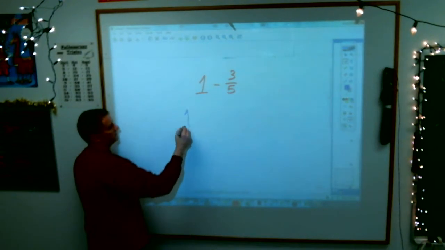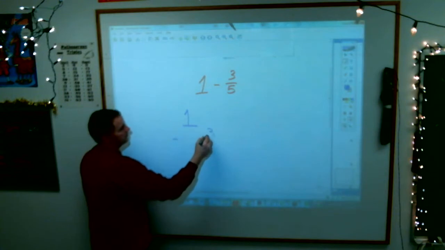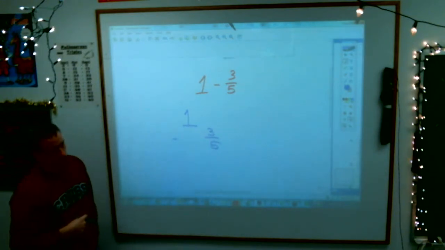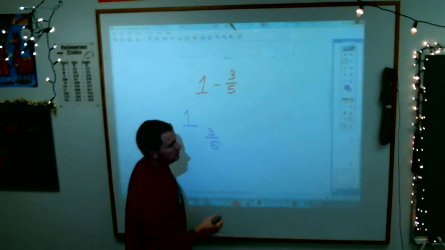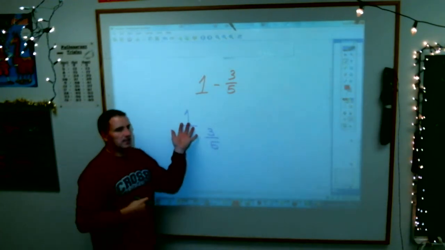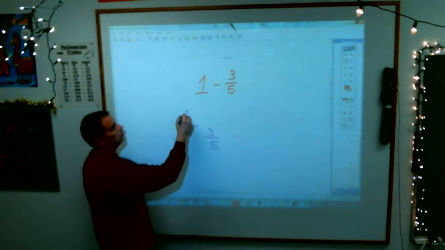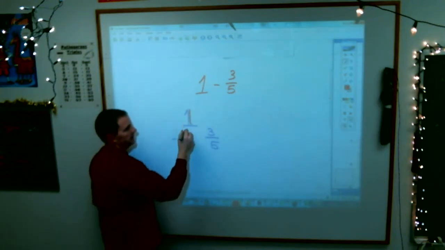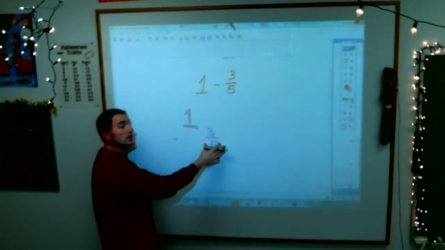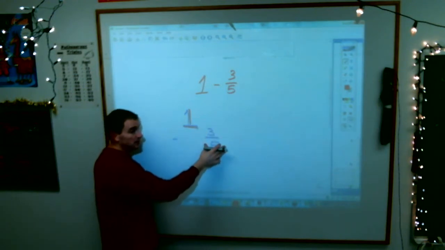So you'd write it like this, 1 minus, and we put 3/5 over here because it's a fraction and 1 is not. I need to make 1 a fraction. So in order for me to subtract these, I've got to take this whole number 1 and turn it into a fraction that works well with the 3/5 fraction that I already have.